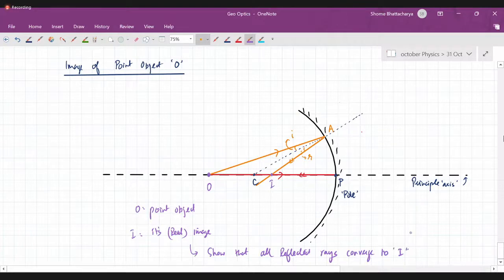And then from that, given the distance OP, we want to find the distance IP, how much this will be. So that is the problem at hand over here.